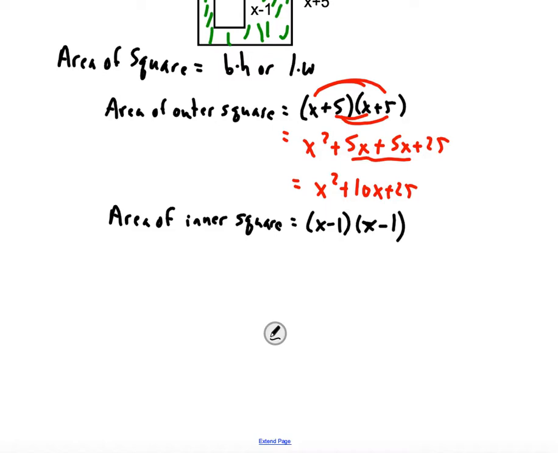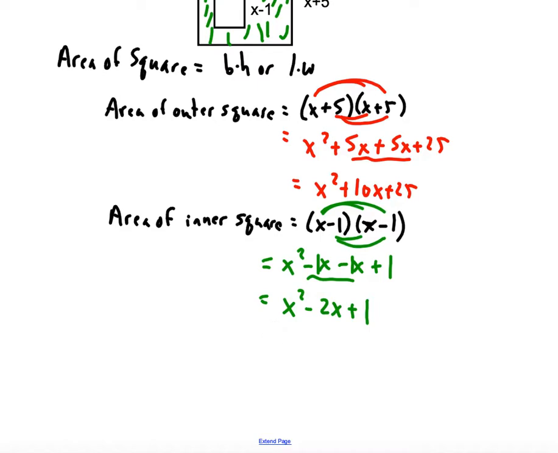So let's FOIL that out, or double distributive property. So distribute the x through the second set of parentheses. So we get x squared minus 1x, or x squared minus x. Now distribute the negative 1 through the second set of parentheses, and we get a negative 1x, or a minus x, and then a plus 1. Combine those middle terms. And so then we end up getting x squared minus 2x plus 1.